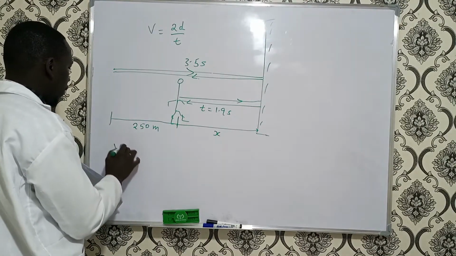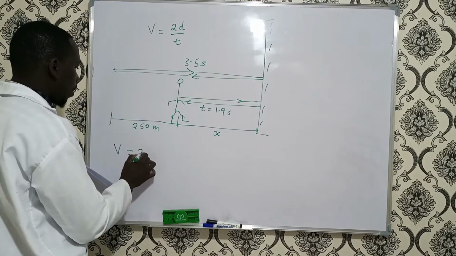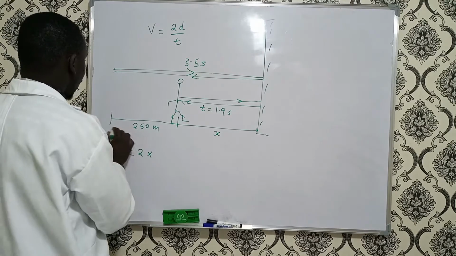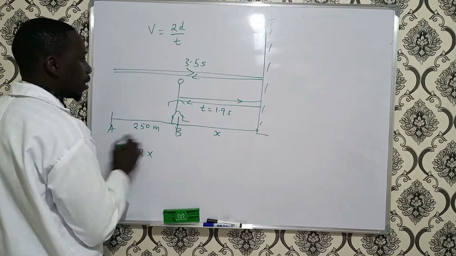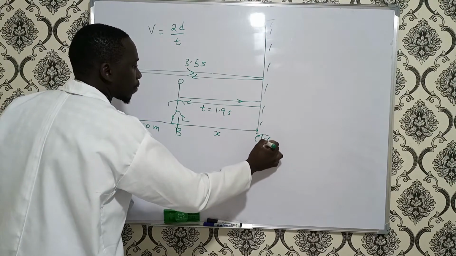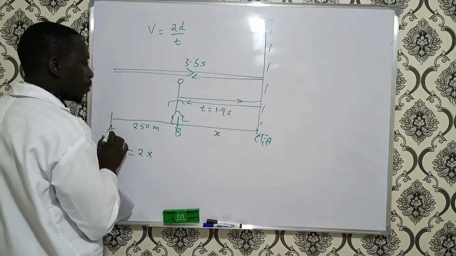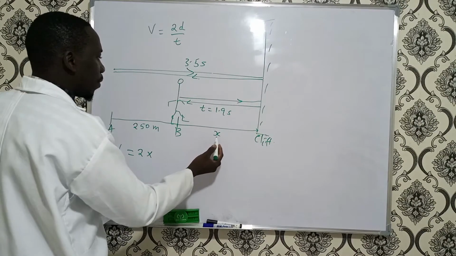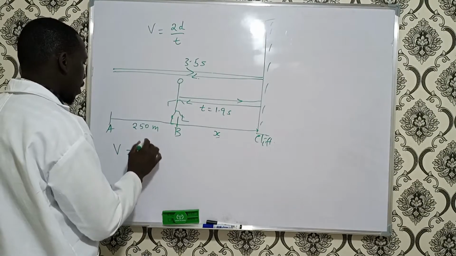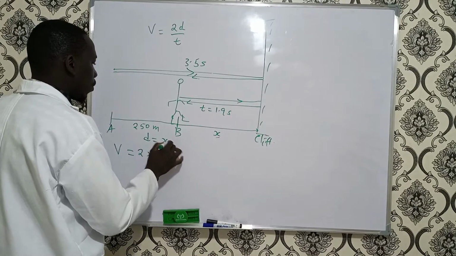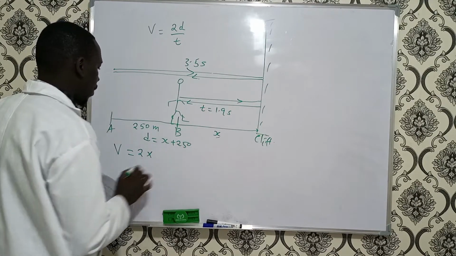So speed v, which is given by 2 times d, the distance from this particular point, let me call it A, then this particular point B, and then this is the cliff. Now the distance from A to the cliff, you can see that is x plus 250. So that means d is equal to x plus 250.